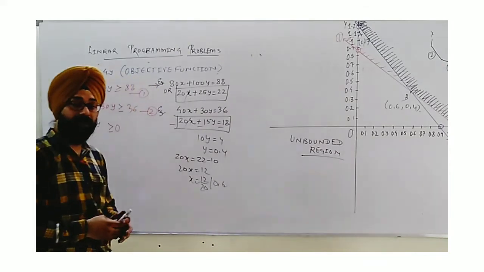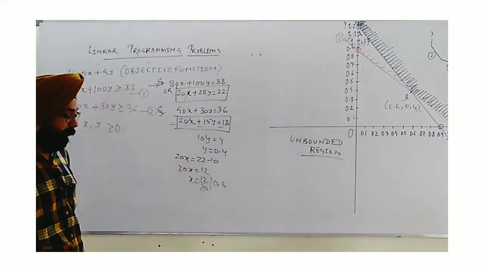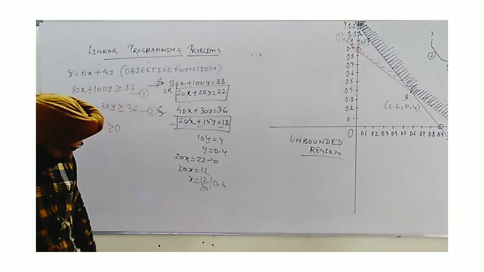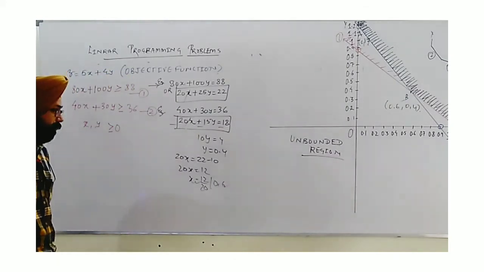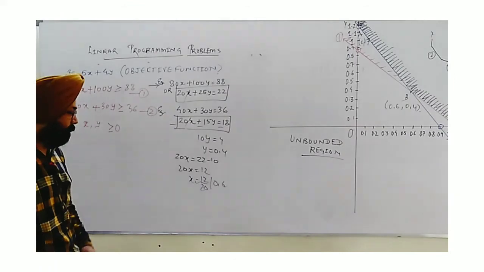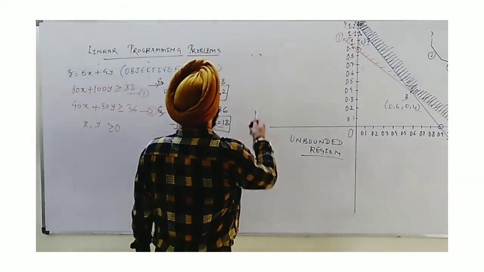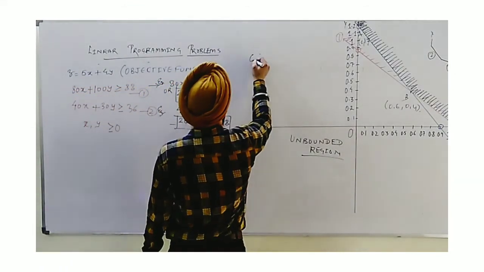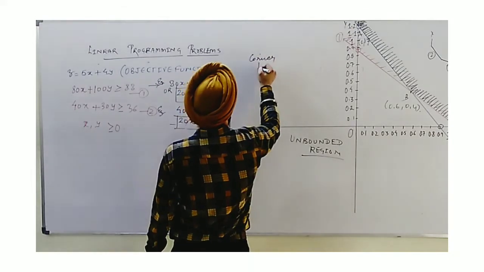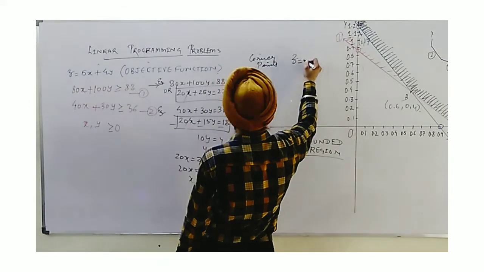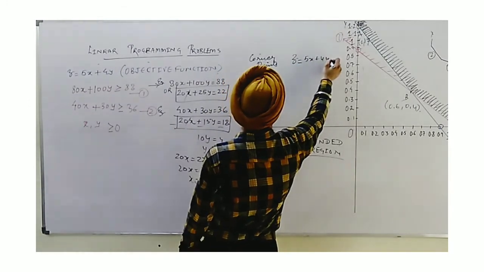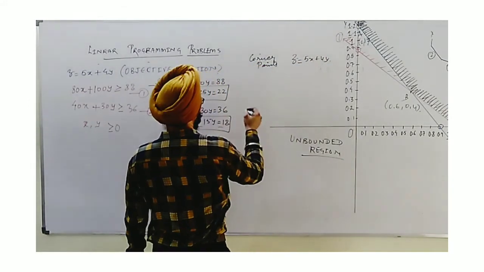The last thing left is the value table, the table which will guide us to maximize or minimize the value of z. Our purpose is minimizing, so let's start without delay. We write here corner points, and along with that we write z as 5x plus 4y. Here we get the corner points.